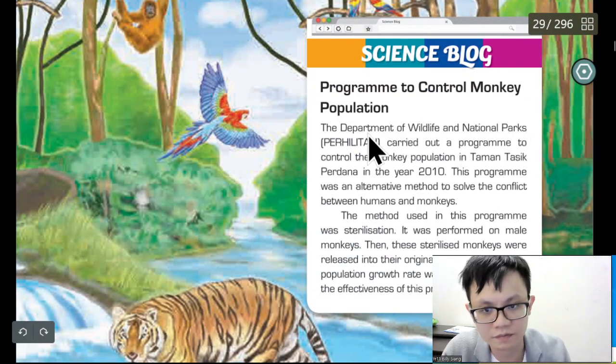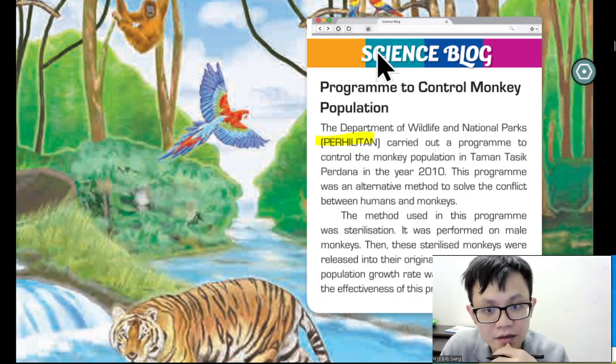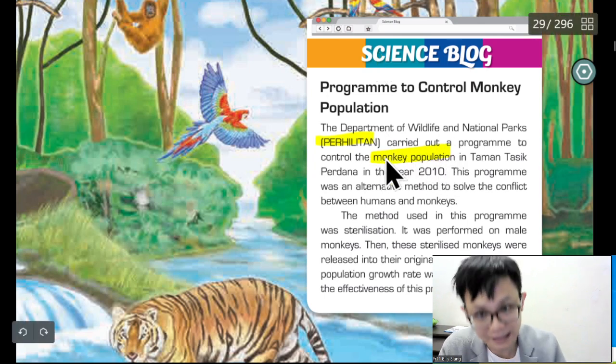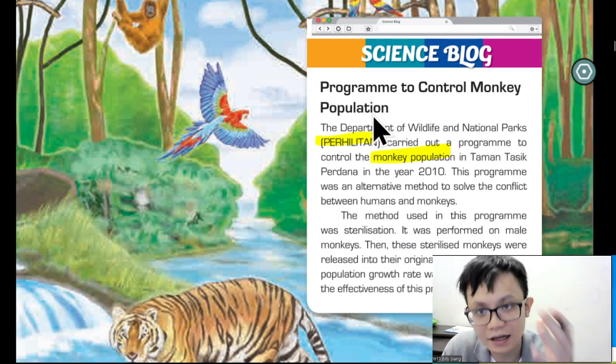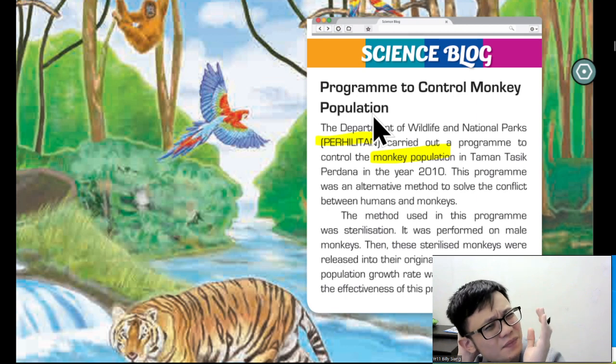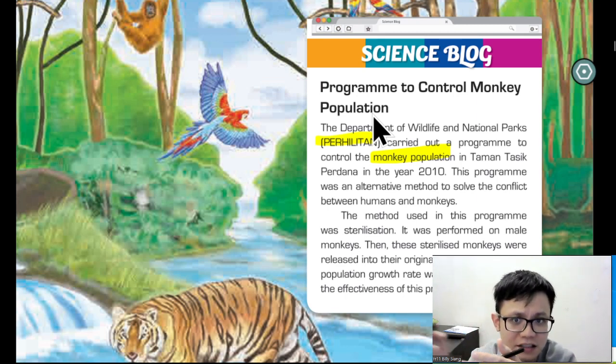Perhilitan is one of the government bodies. It's quite big. It carried out a program to control the monkey population. Here it didn't say, but I think there are too many monkeys already. Sometimes having too many monkeys is a problem. Too many dogs in the street is a problem.